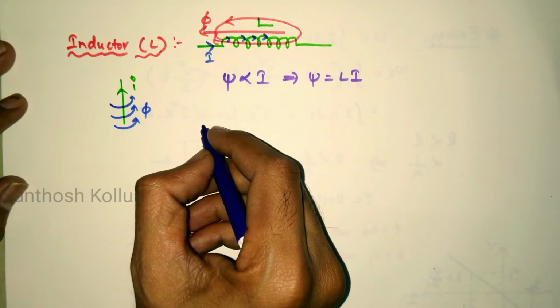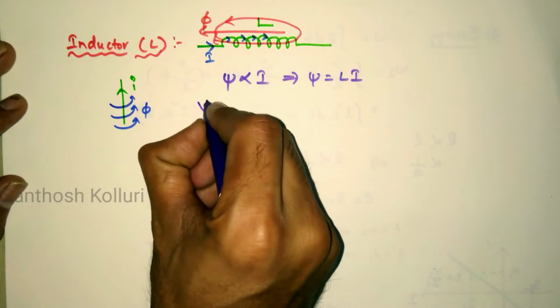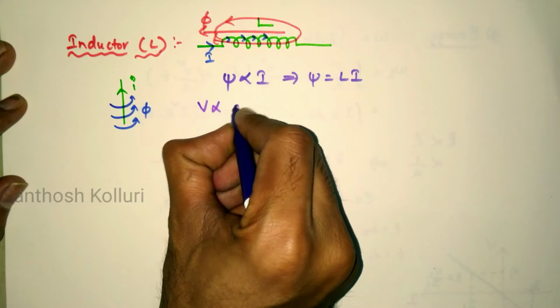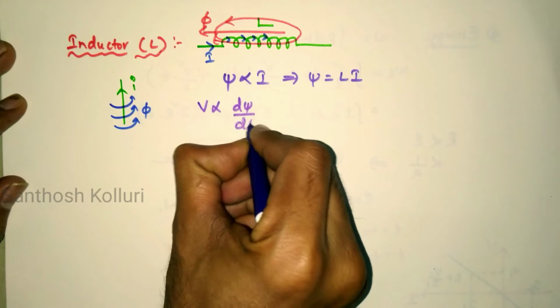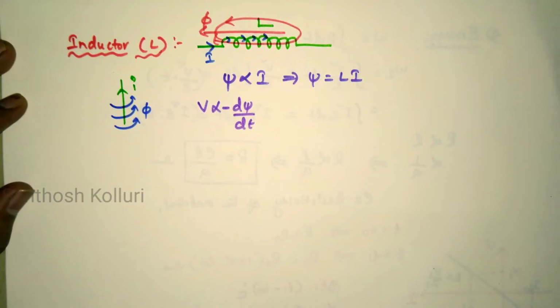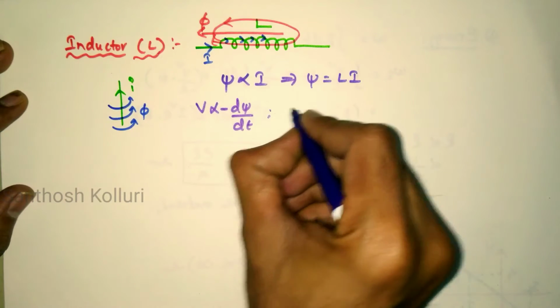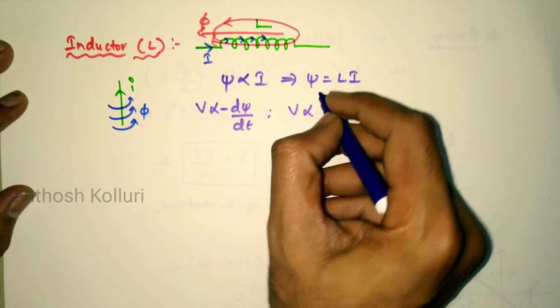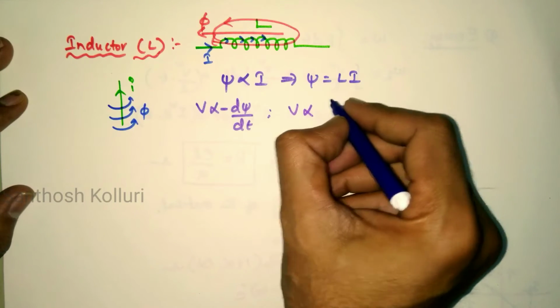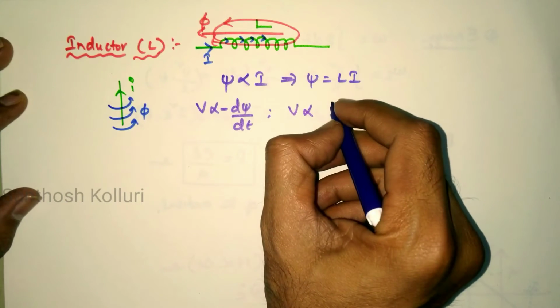From Faraday's second law, the voltage is directly proportional to d psi by dt, and I have to put a negative sign because of Lenz law. So V is directly proportional to minus d psi by dt. I am just ignoring the negative sign here for calculation.